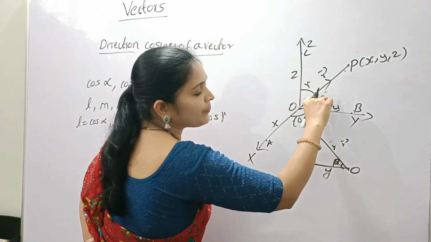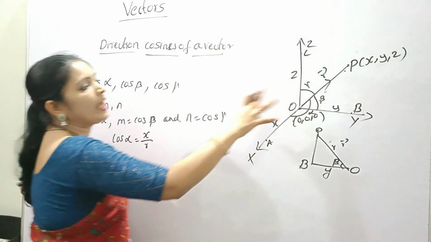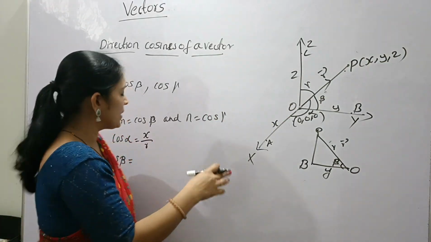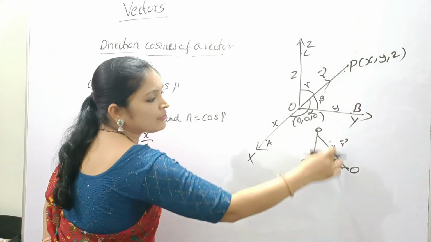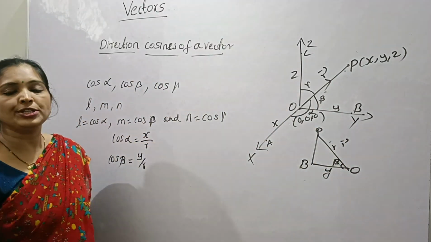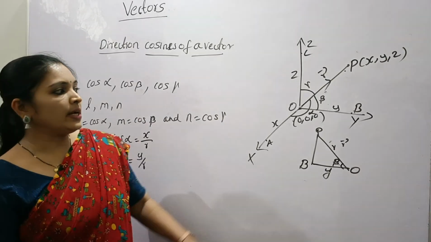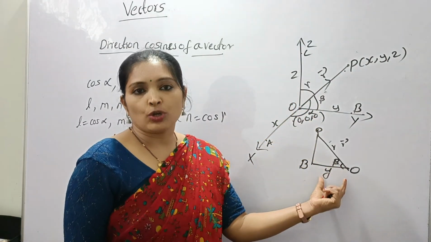So cos beta is equal to adjacent divided by hypotenuse, that is Y divided by R. We cannot draw this right angle triangle in the figure, that is why it is drawn separately.